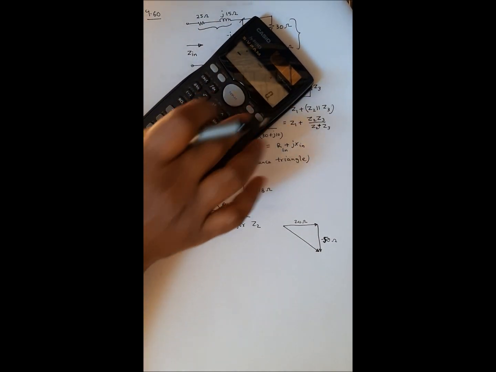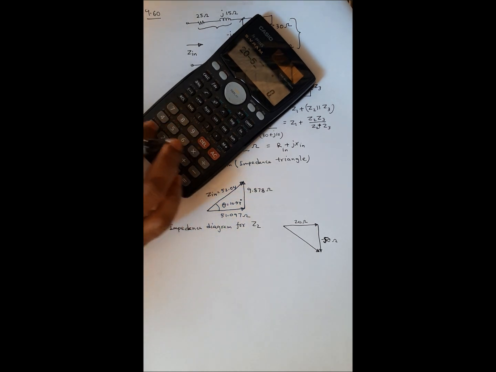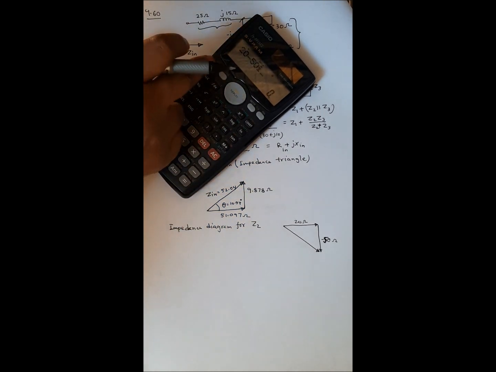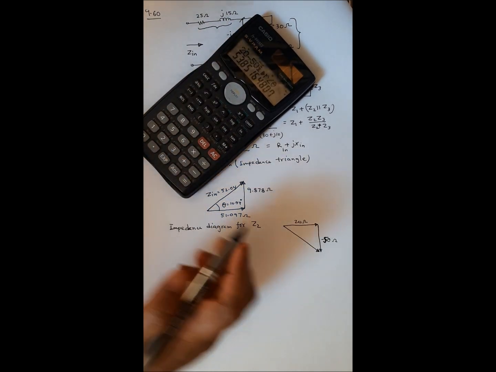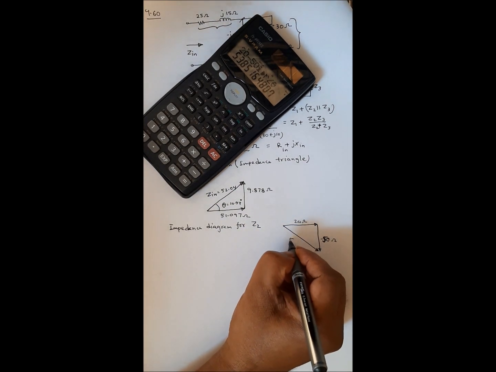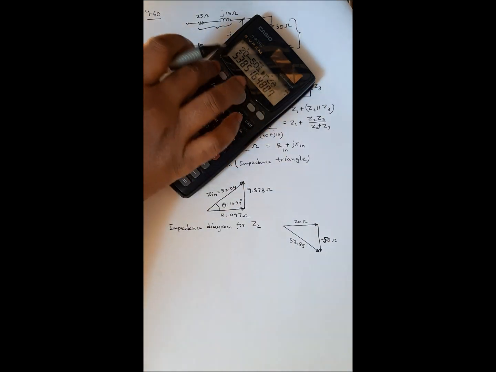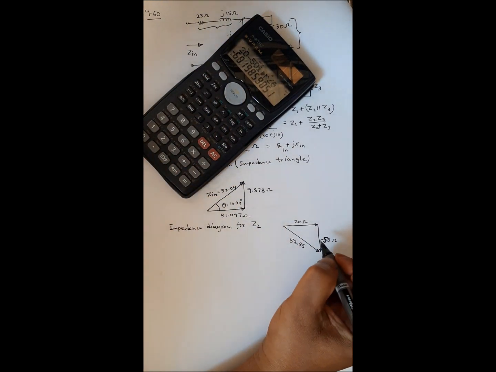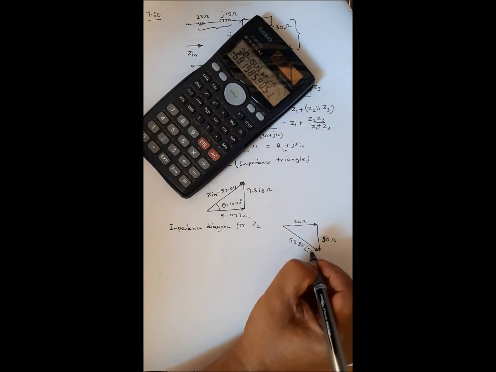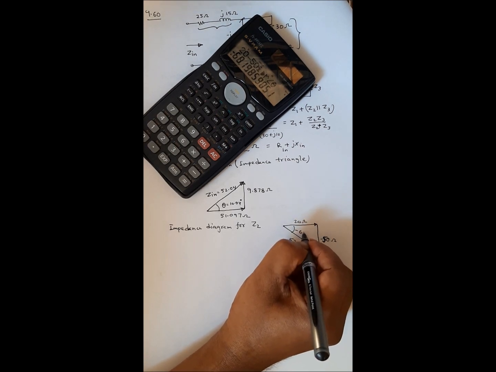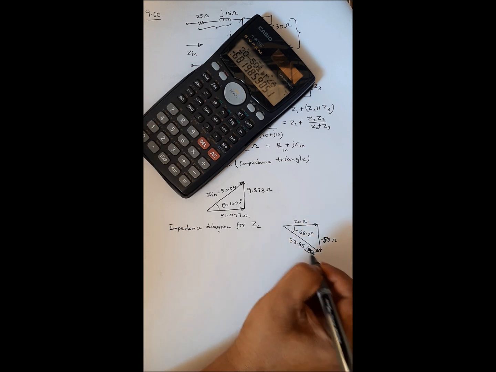So you will get 20 minus j50, which gives us 53.85, and the angle is negative 68.2 degrees.